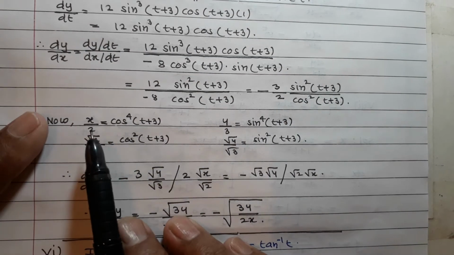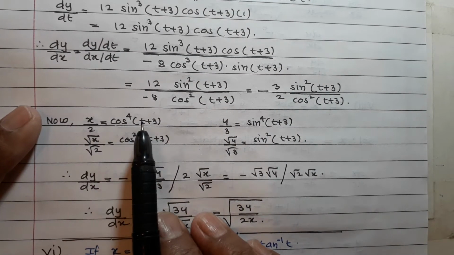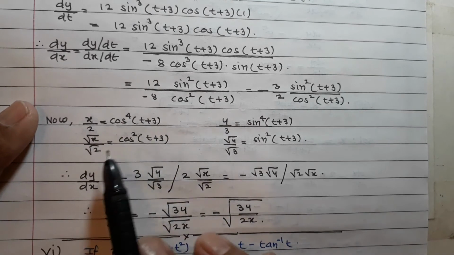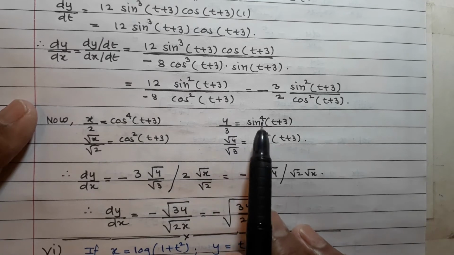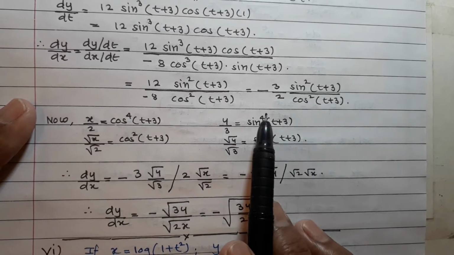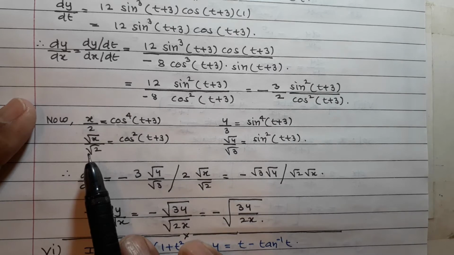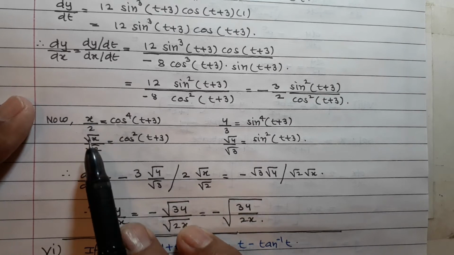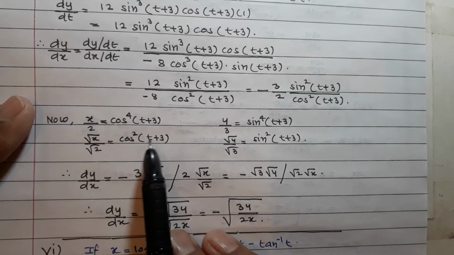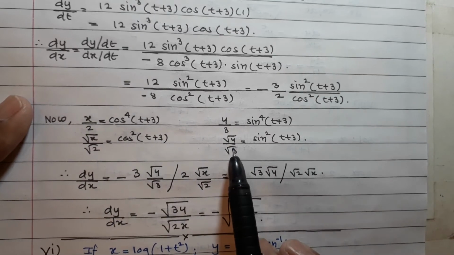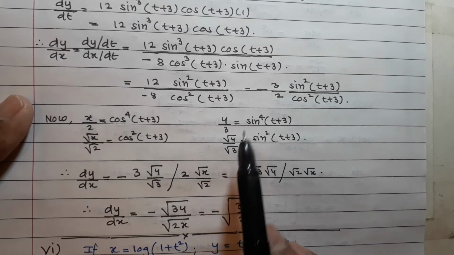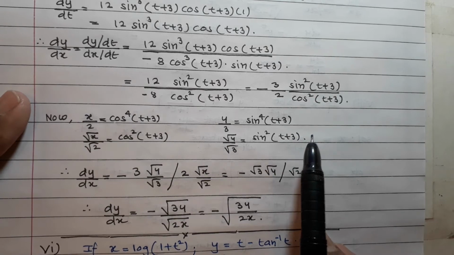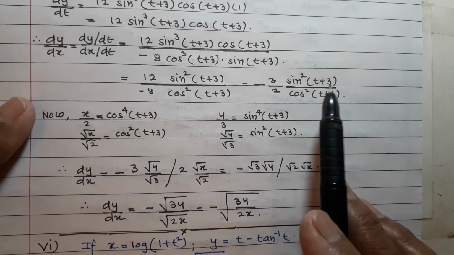Now x upon 2 is equal to cos^4(t+3) and y upon 3 is equal to sin^4(t+3). Taking the square root, root x upon root 2 is equal to cos^2(t+3), and root y upon root 3 is equal to sin^2(t+3). Substitute these values here.